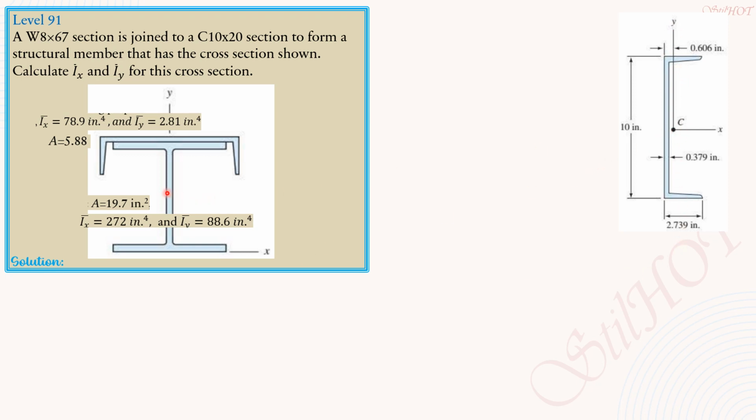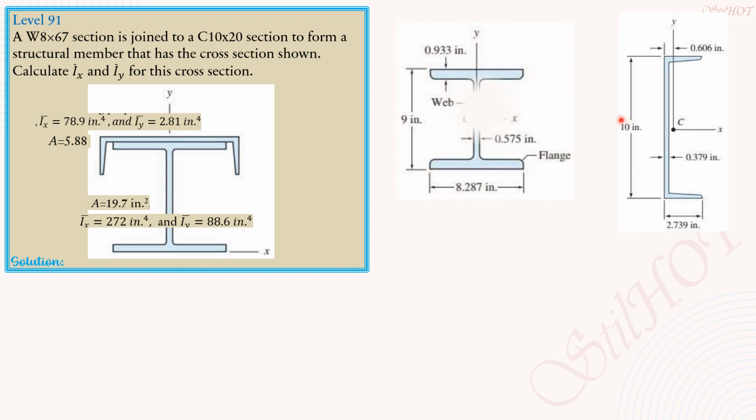For the wide flange, the centroidal x-axis is also the x-axis, and the centroidal y-axis is also the centroidal y-axis for its orientation, which is this. Let us say this is the centroid of the channel. The distance of the centroid of the channel from the outer edge of the web is 0.606 inch as shown. Then this is the centroid of the two sections, then the centroid of the wide flange alone.